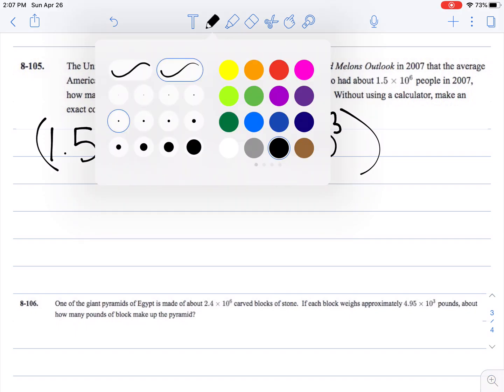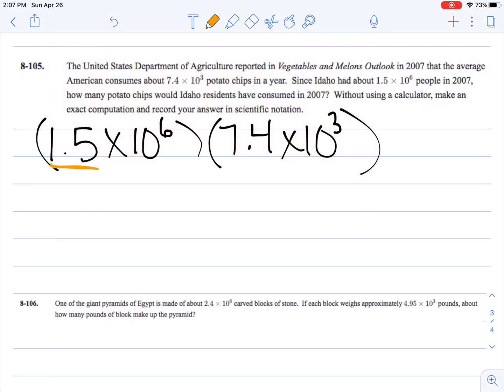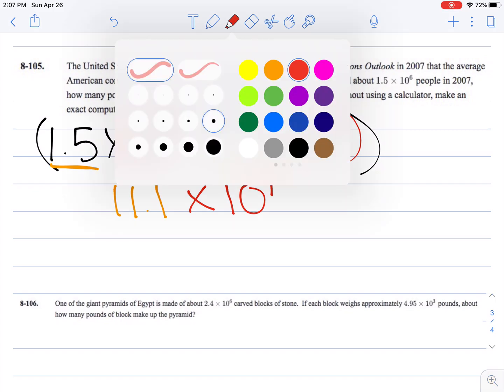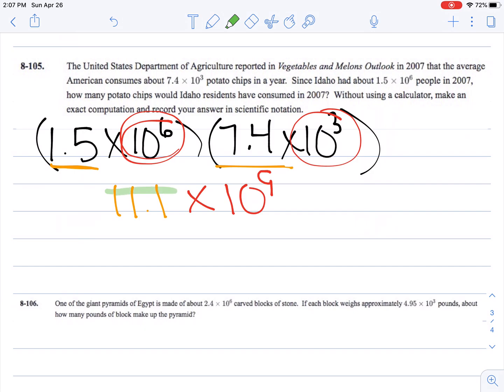So 1.5 times 7.4 gives me 11.1. And then we have our exponents, right? 10 to the sixth and 10 to the third. When we multiply, we add those exponents. So this will be 10 to the 9th. But wait, what's wrong with this? Same thing that was wrong with the other ones.